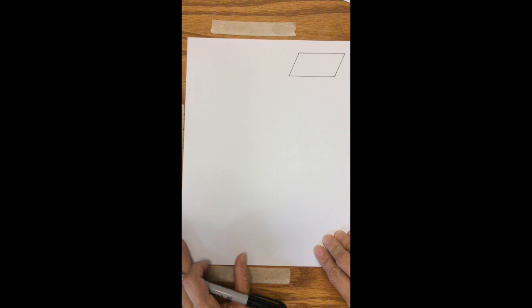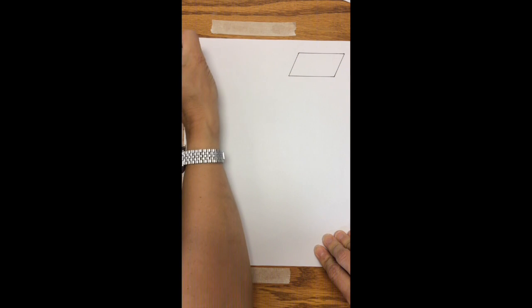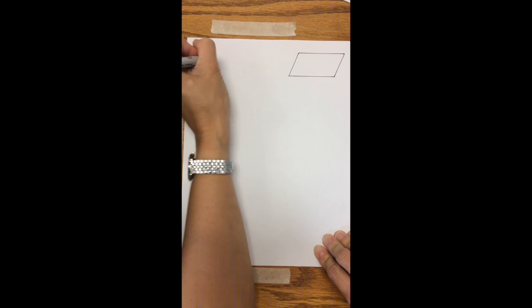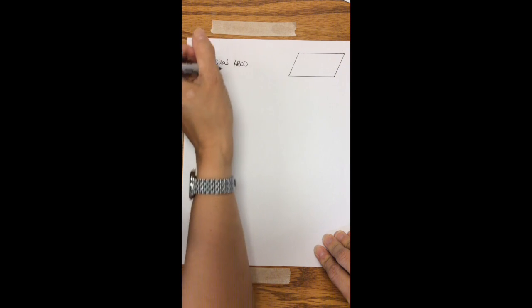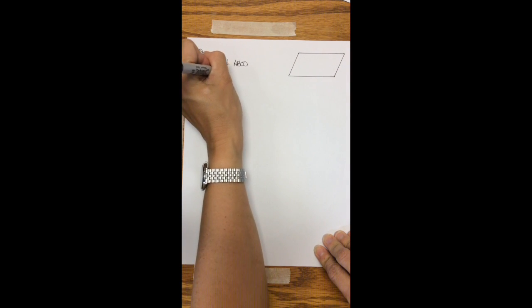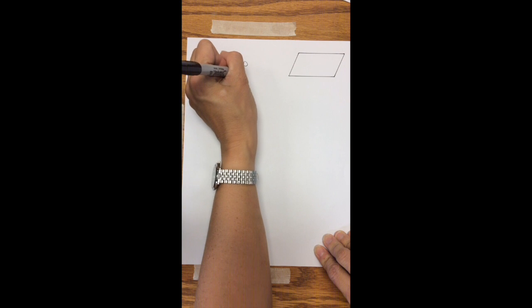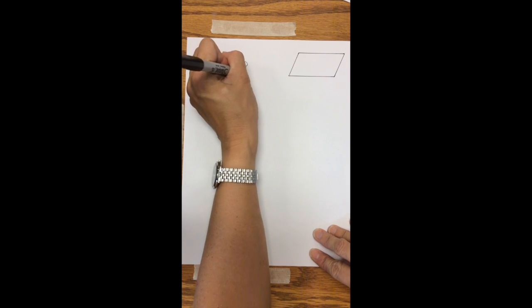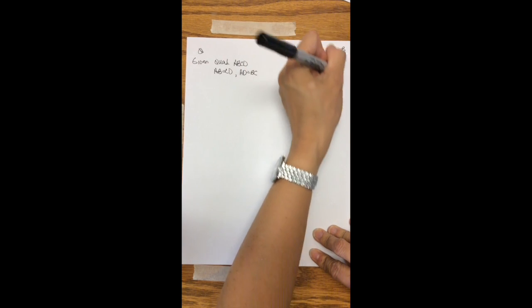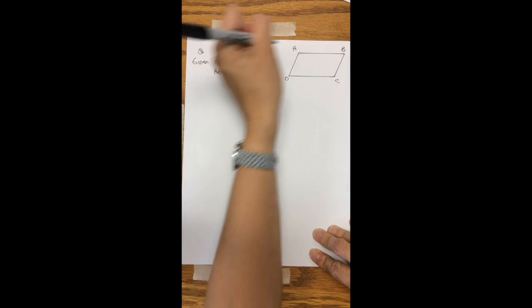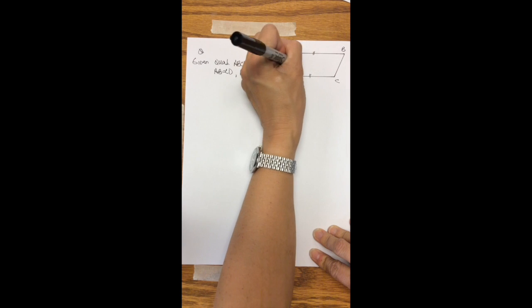All right, so here we have given quadrilateral ABCD with AB is equal to CD and AD is equal to BC. A, B, C, D. We just did this and that.